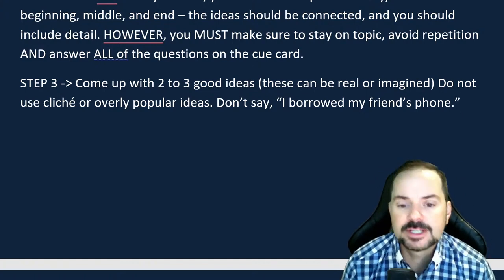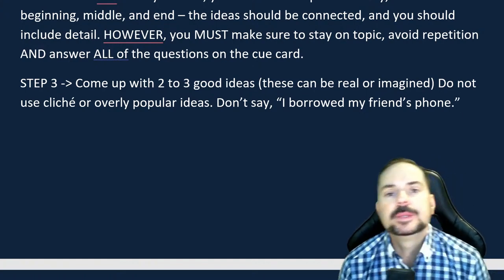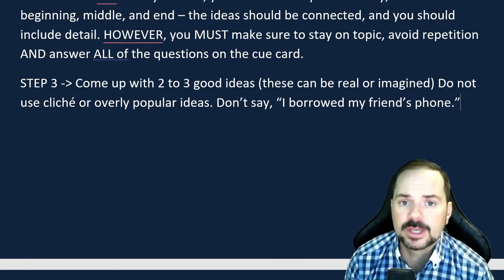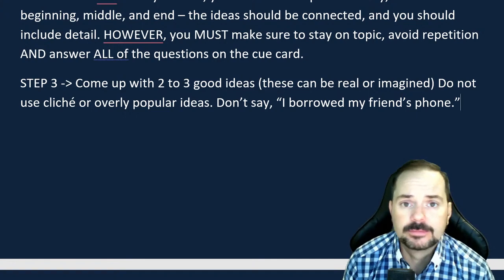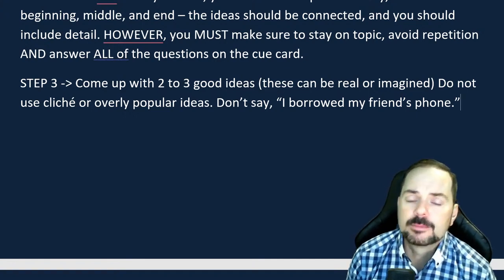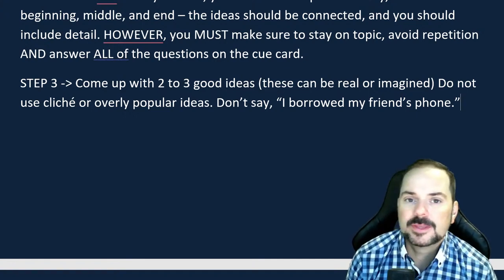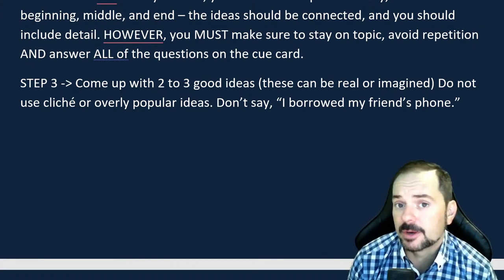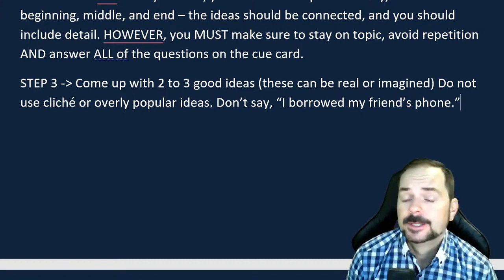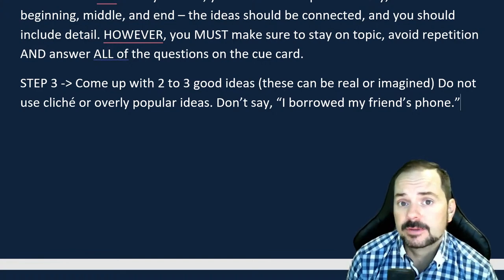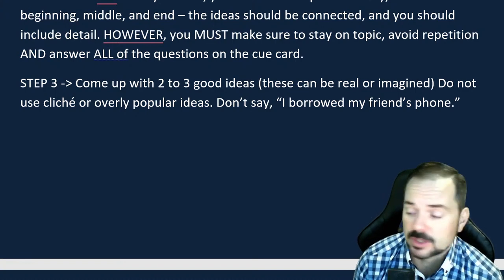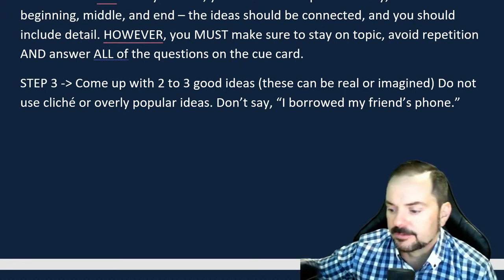It's like their new best friend or their pet dog. Don't do that, because if you are the 100th person for the examiner to talk about borrowing a phone for some purpose, then it's very hard for the examiner not to compare you to other candidates. And if some candidates talked about the phone and did a really good job, even if you do a good job, it's going to be hard for the examiner not to compare you to those other people who scored 8 or 9 talking about their phone.